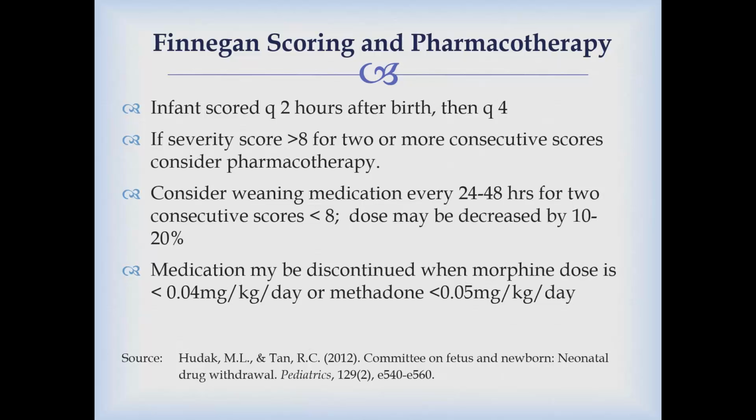One should consider weaning medication every 24 to 48 hours for 2 consecutive scores less than 8, and this dose may be decreased by 10 to 20%. He recommends that medication be discontinued when morphine dose is less than 0.04 milligram per kg per day, or methadone less than 0.05 milligram per kg per day.